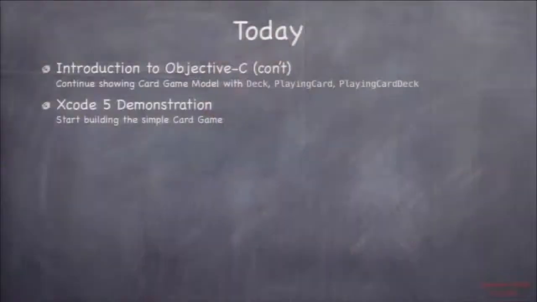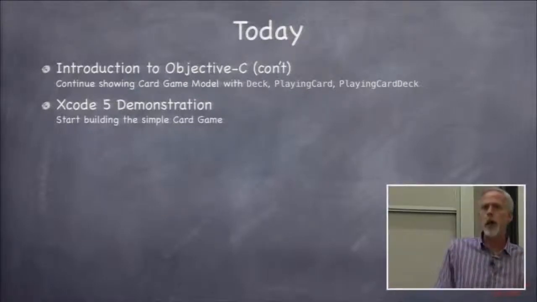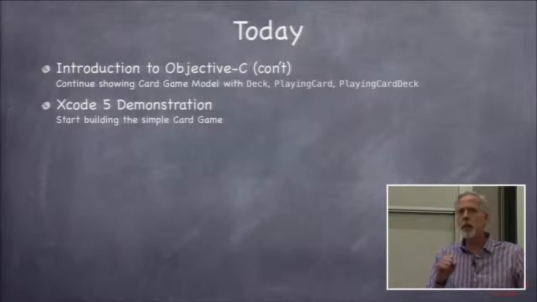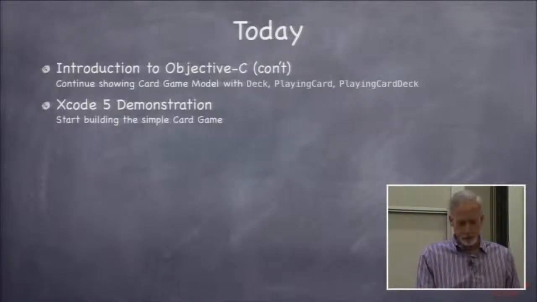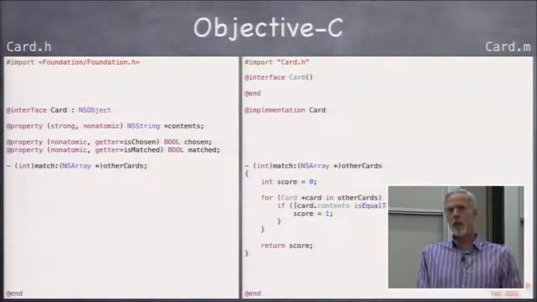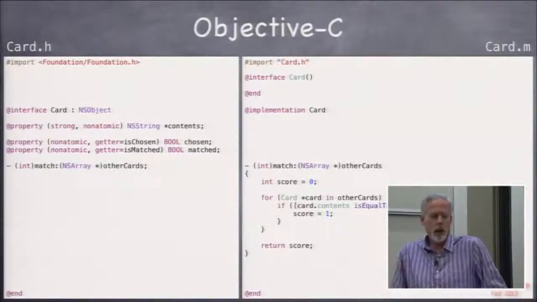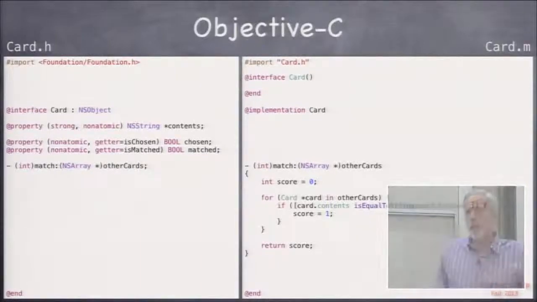Okay, this card matching game is going to be our substrate for the first 2 weeks of learning some Objective-C, learning about Xcode, learning about how iOS hooks up the controller and the view and the model to make a UI.